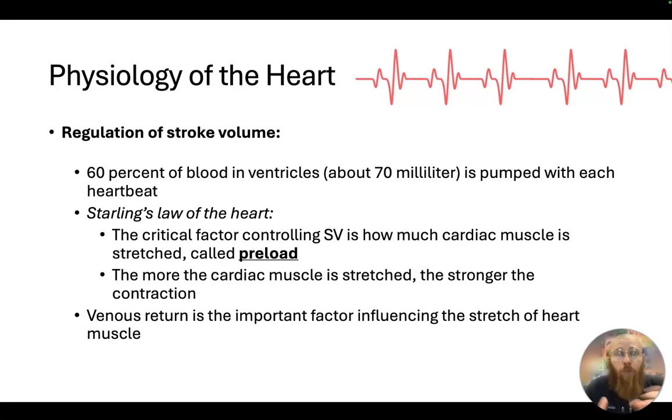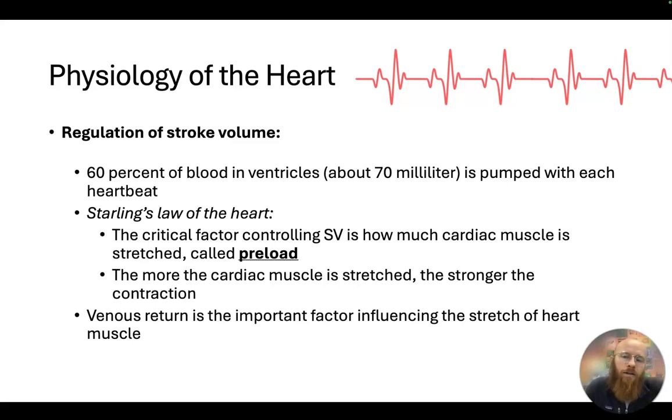Because the pressure in the arteries is constantly there, so those arteries are never empty. And so it takes less pressure to be removed from the ventricles before the pressure in the arteries is higher, and therefore pushes back against the semilunar valves and stops that ventricular ejection. And so only about 60% is actually pumped.